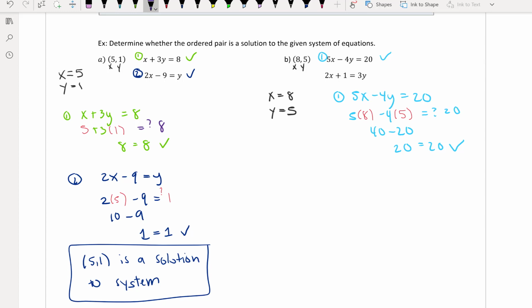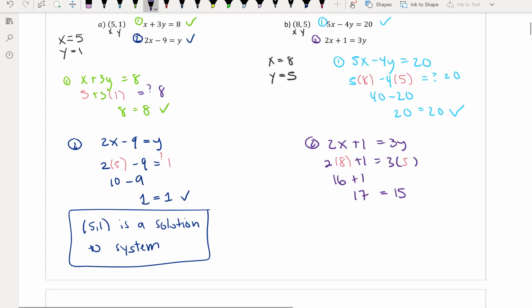Now let's see what happens in our second equation. We have 2x plus 1 is equal to 3y. So 2 times our x value, which is 8, plus 1. Does that equal 3 times my y value, which is 5? So let's see. We are going to get 16 plus 1, which is 17, and 3 times 5 is 15.